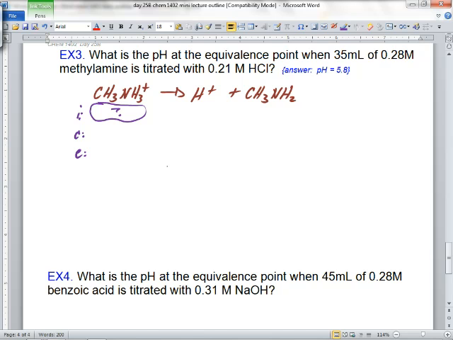All right, so this is what you're going to end up doing. You have to calculate that initial concentration.